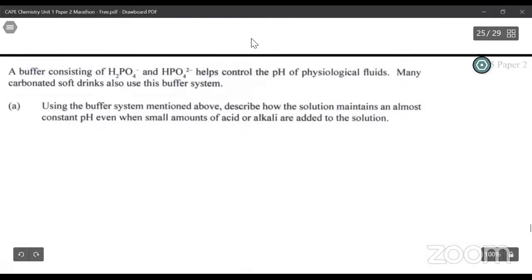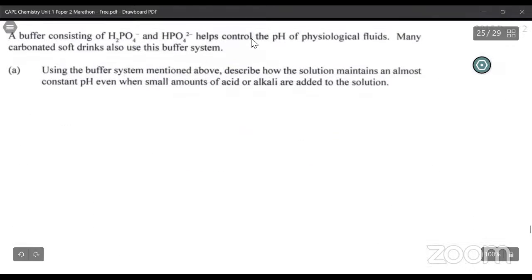Okay. So let's do the buffers question then. Here, they say a buffer consists of H2PO4 minus and HPO4 2 minus, and it helps to control the pH of physiological fluids.